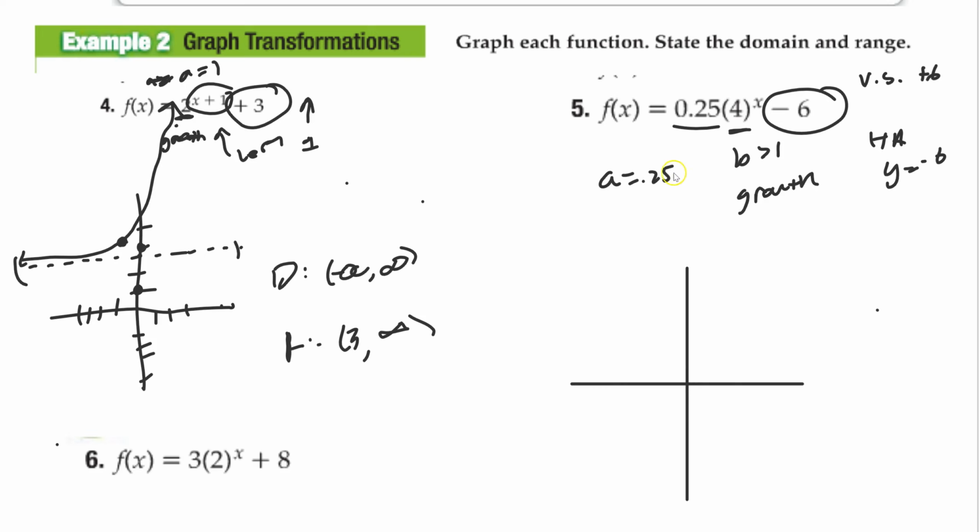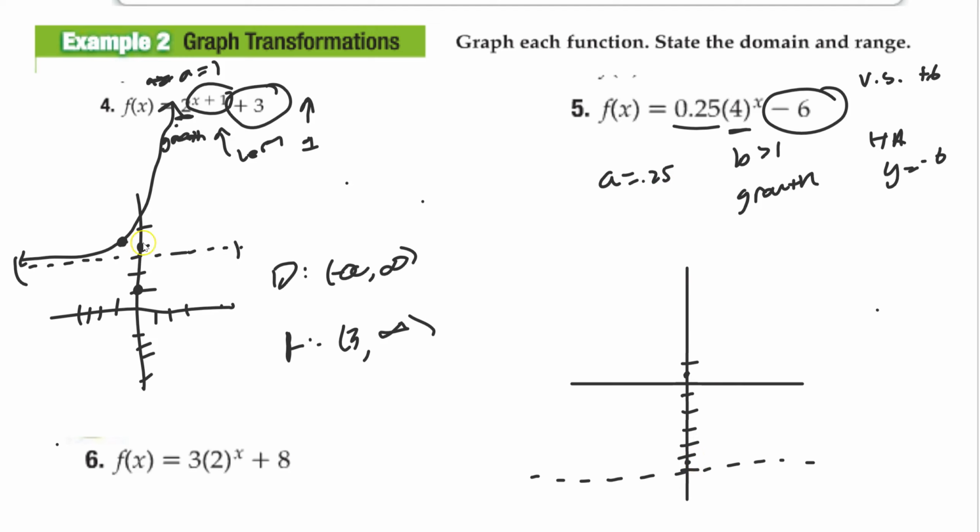So normally I would cross at 0.25. Right, that's what that thing does. But then we're going to move down 6. So -6 from where the asymptote's at. And then we cross at 0.25. Then we'll go down 6, so it's going to cross like right here. If you want to think about it, it's 0.25 above the horizontal asymptote.